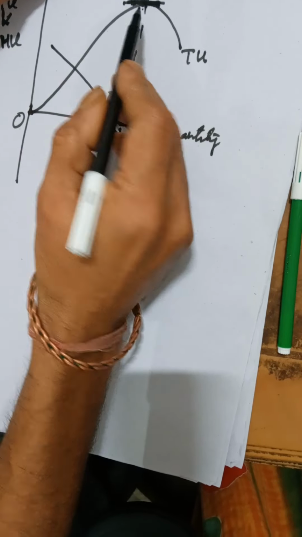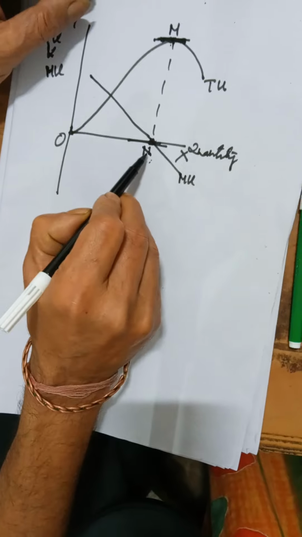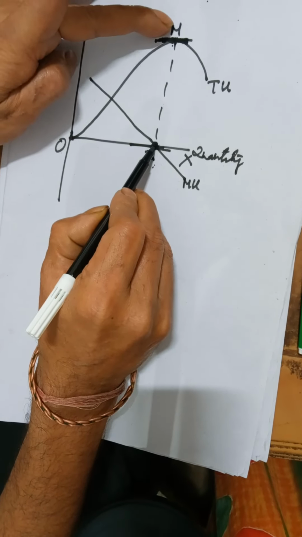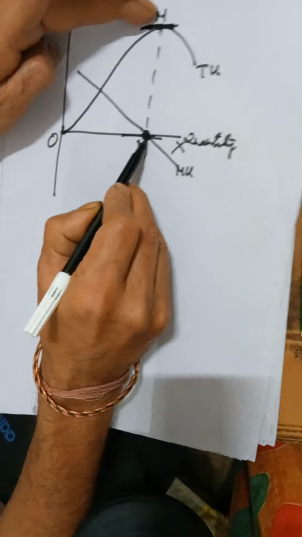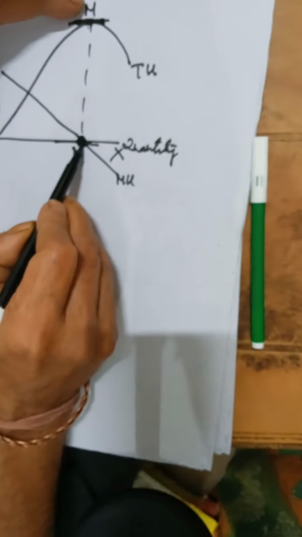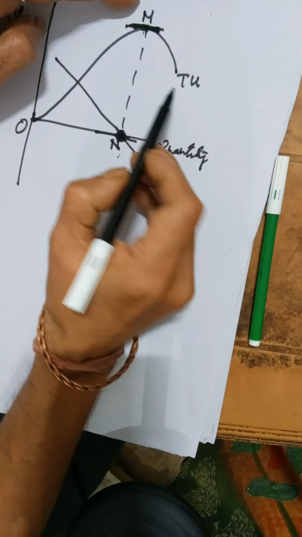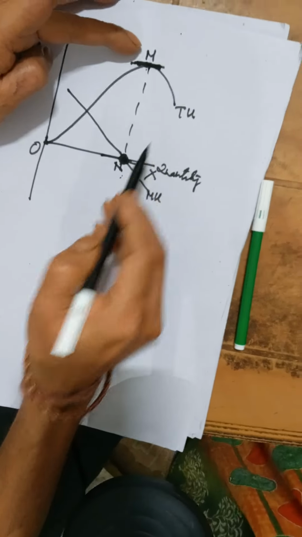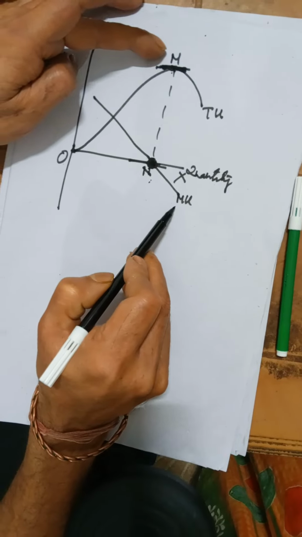This is the maximum total utility. Here you can see that marginal utility becomes zero. So when total utility is maximum, marginal utility becomes zero. Beyond point M, the total utility curve comes down, and beyond point N, marginal utility becomes negative.